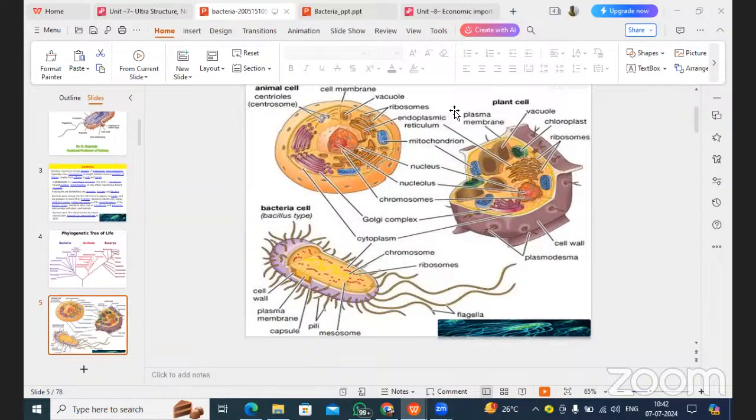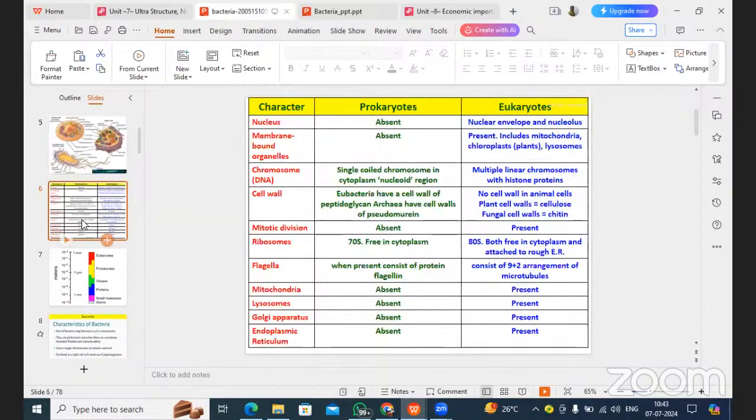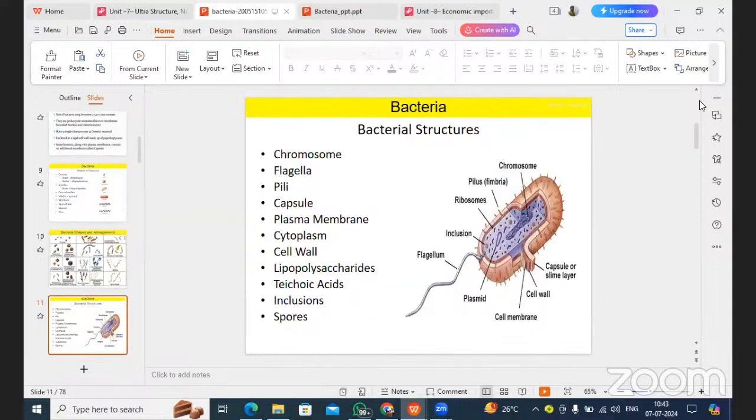We also discussed types of bacteria based upon the flagella, flagella types, and various types of bacteria based upon structure. Bacteria cell structure also we have studied.